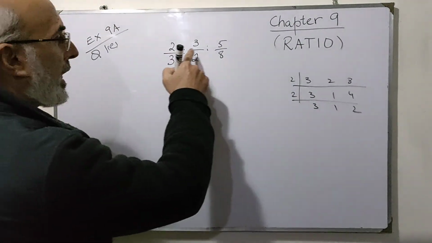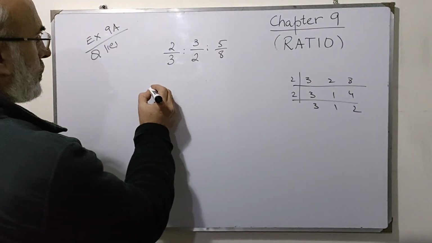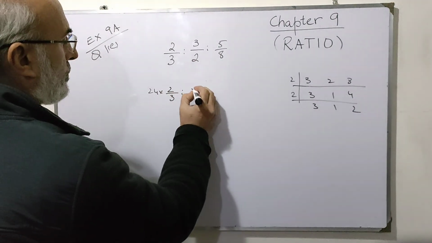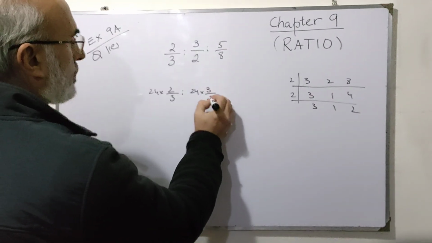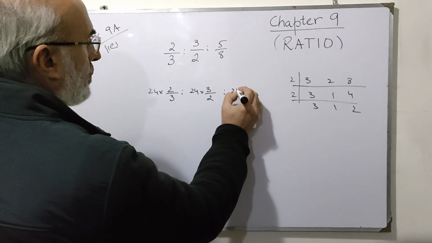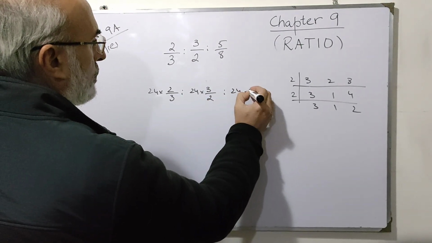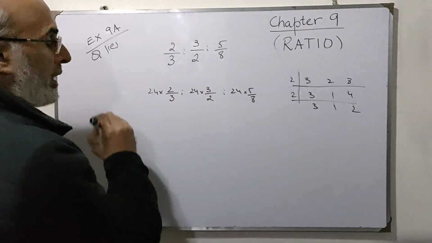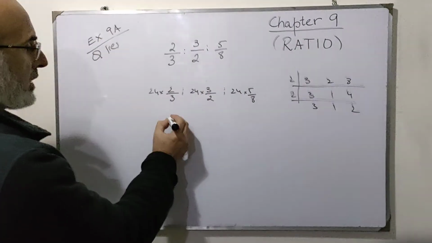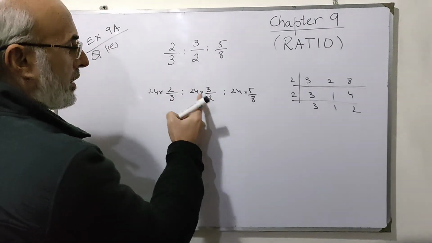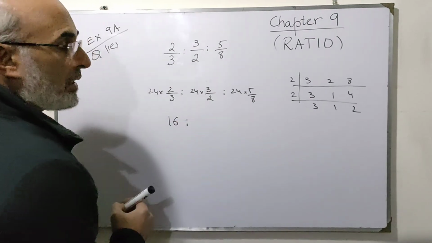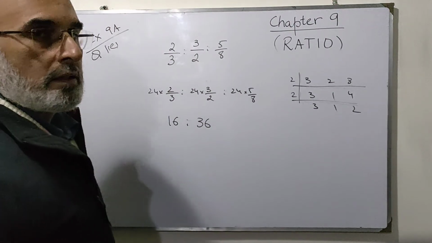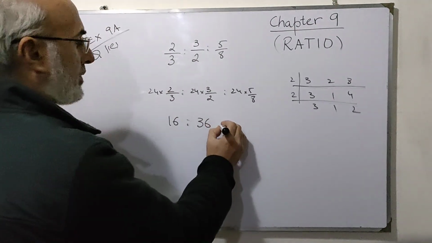So I'm going to multiply all the fractions with 24. 24 into 2 over 3 is to 24 into 3 over 2 is to 24 into 5 over 8. So what do I have here? 8 3s are 24, so 8 2s are 16 is to 12 3s are 36 is to 3 5s are 15.